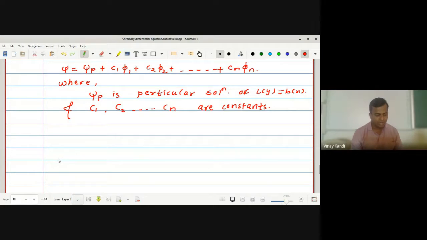Okay, where c1, c2 up to cn are constants, and for every such psi, sorry, for every such psi is a solution of L of y is equal to b of x.